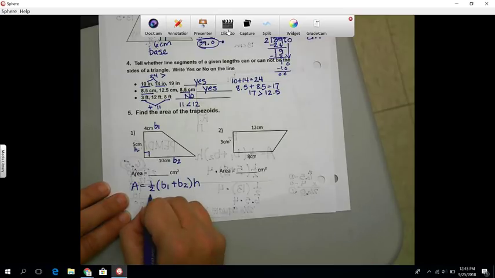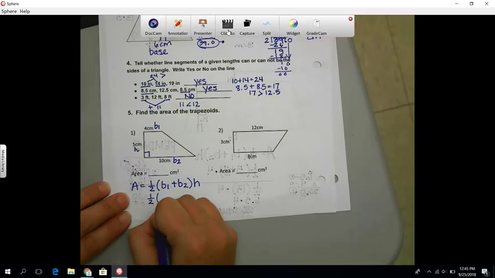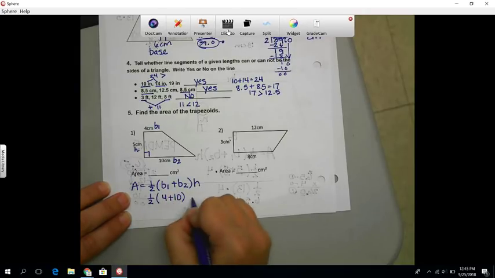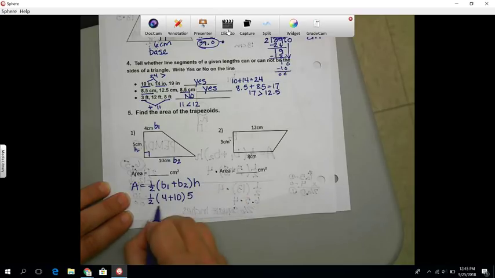So we plug in our numbers. 1/2, 4 plus 10 times the height is 5. So we need to do PEMDAS and do parentheses first. 1/2 times 14 times 5. Well, 1/2 of 14 is 7, or 14 divided by 2 is 7.